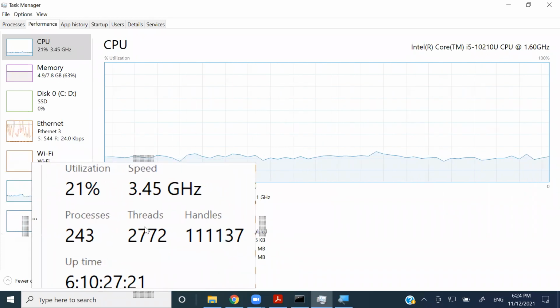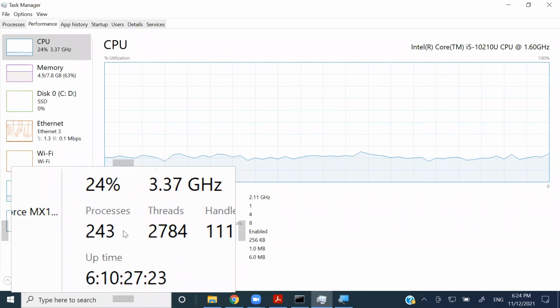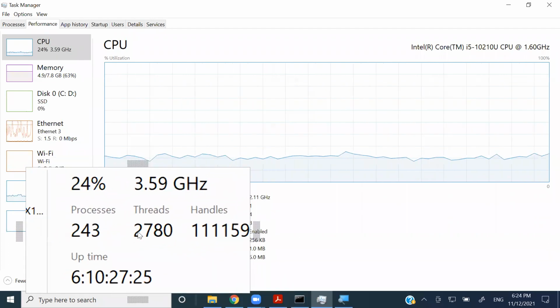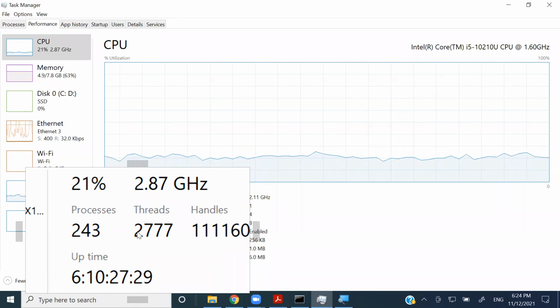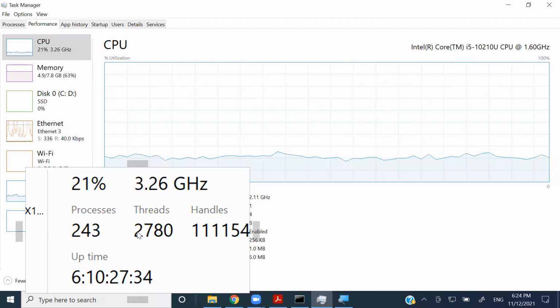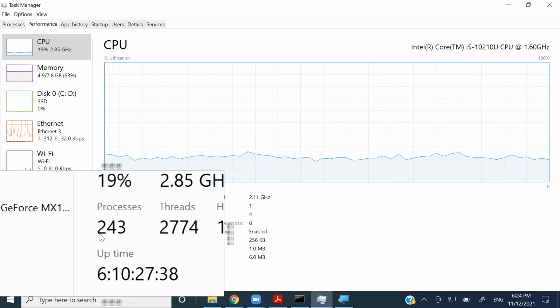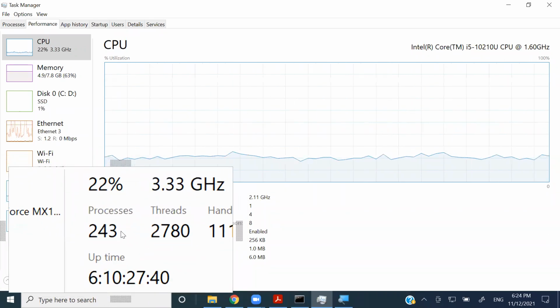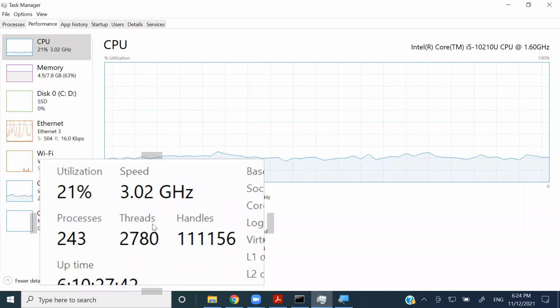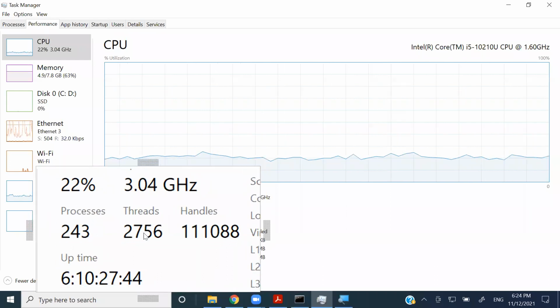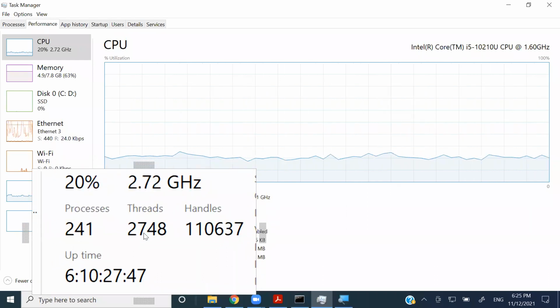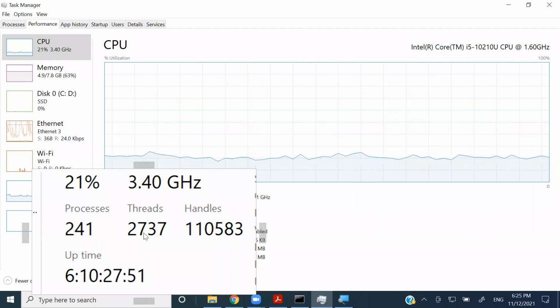And there are also things called threads and handles, right? Now threads means these processors will be divided into smaller processors, which are then called threads, right? So these 243 processors divide into small sub-processors, which are called threads. Right? These are not in your syllabus, but it's good to know when we are using a computer, right?